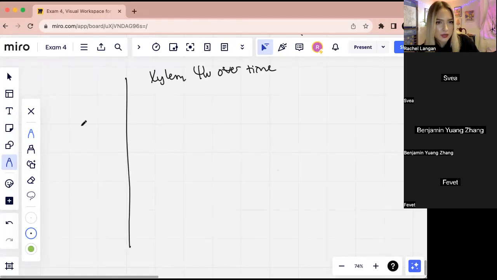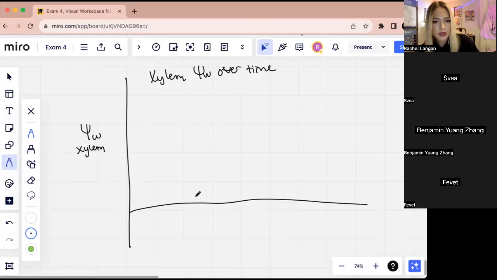So let's say this is graphing water potential of the xylem over the course of 1 day. So maybe this is like 5 a.m. This is like 12 p.m. This is like 6 p.m. I'd see something like this.